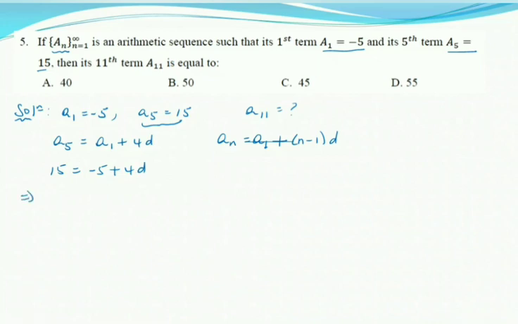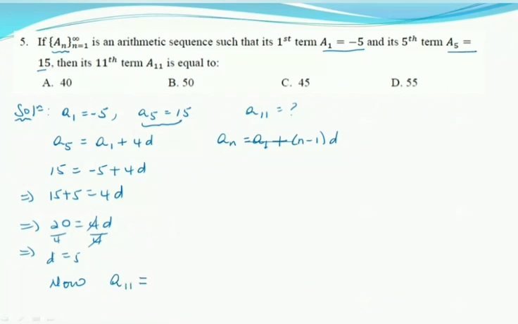Now collecting like terms, 15 plus 5 is equal to 4d. This is 20 equals 4d. So dividing both sides by 4, d becomes 5.